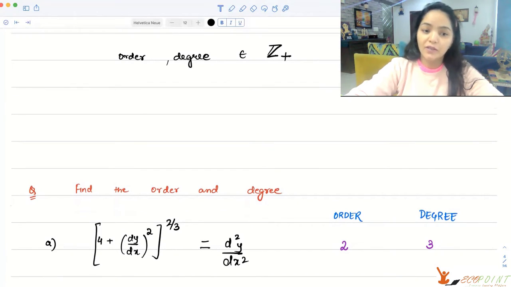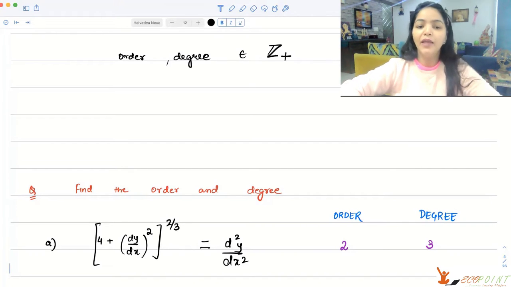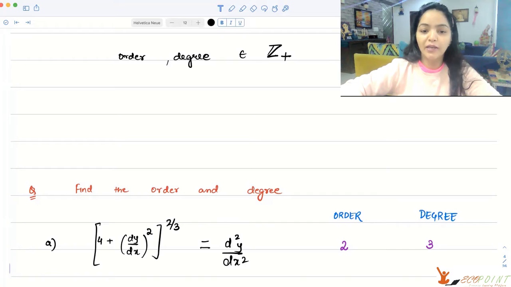by dx square whole to the power 2 by 3 is equal to d2y upon dx square. So you have dy by dx and you have the square of that, and then whole to the power 2 by 3 is also there. And then you have d2y upon dx square.